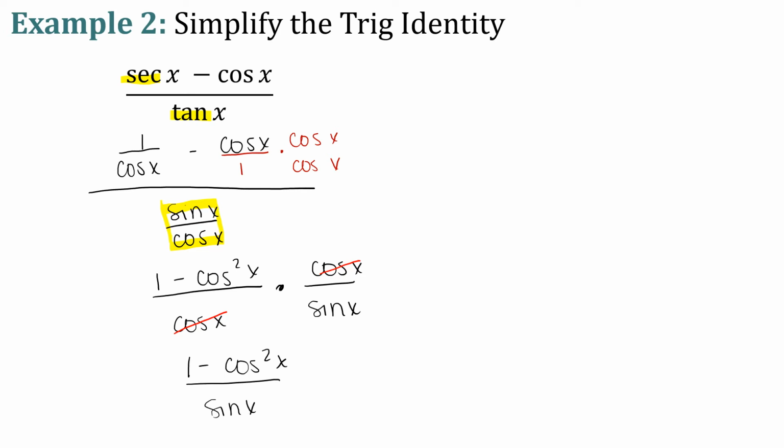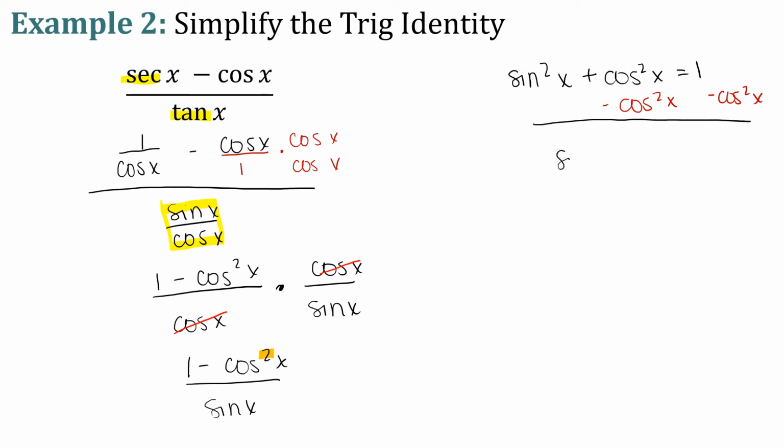Now what I notice here is that I have a squared function. So I want to try to use those Pythagorean identities. And the Pythagorean identity that involves cosine squared is sine squared plus cosine squared equals 1. So if I subtract cosine squared from both sides, then I get sine squared x equals 1 minus cosine squared x.